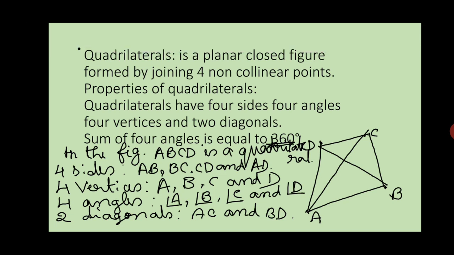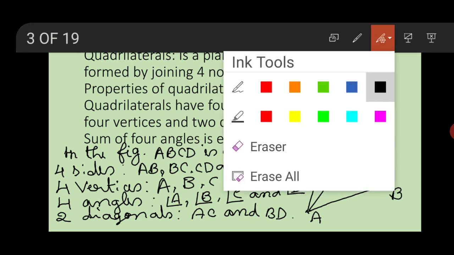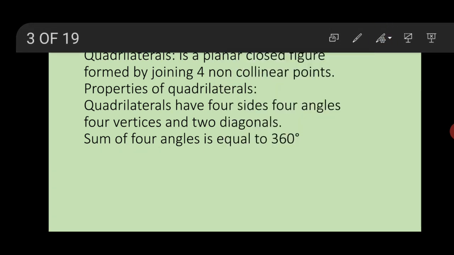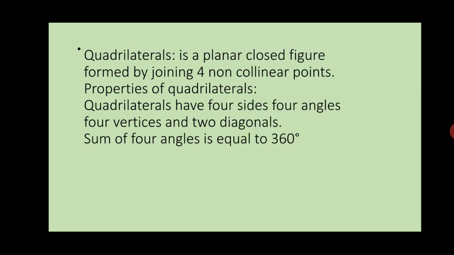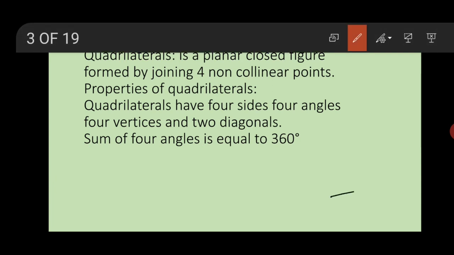Take any one quadrilateral and can you say the sum of four angles of a quadrilateral is equal to 360 degrees? How can you say 360 degrees? Yes, if you join one diagonal of the quadrilateral, then take this as angle 1, 2, 3 and this is angle 4, angle 5 and angle 6.